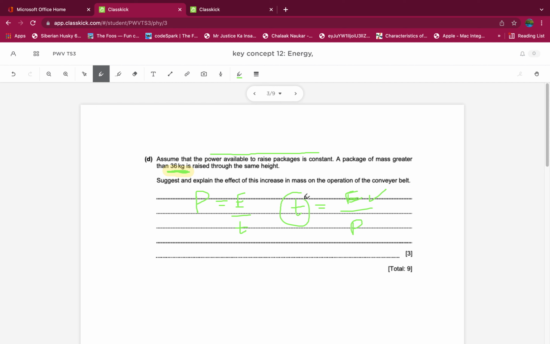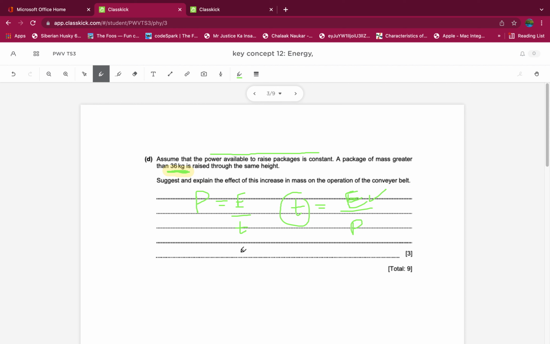So you have to write this in any form: power is constant, so speed reduced, time taken is longer. This will be the effect on the system because P is constant. The value of E has increased. When E increases, T increases. T increasing means it takes a long time, and a long time means the system has become slow.